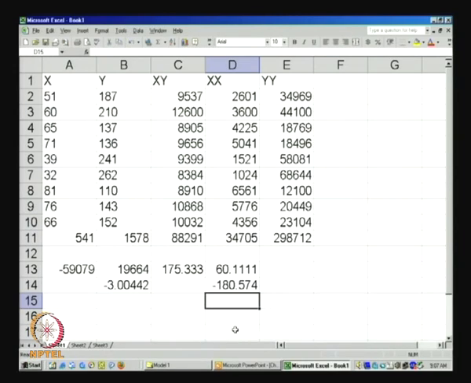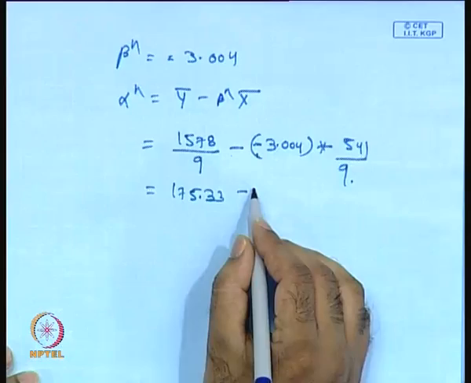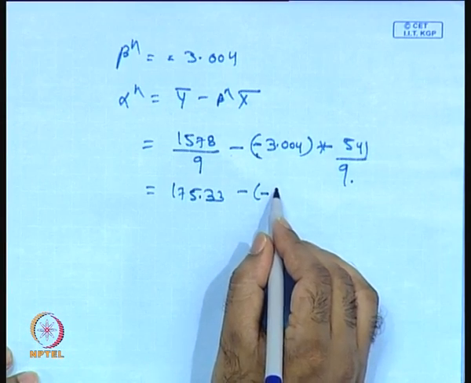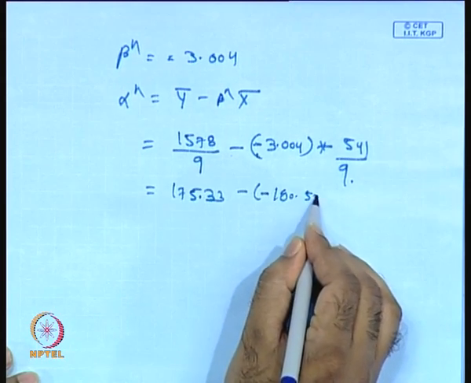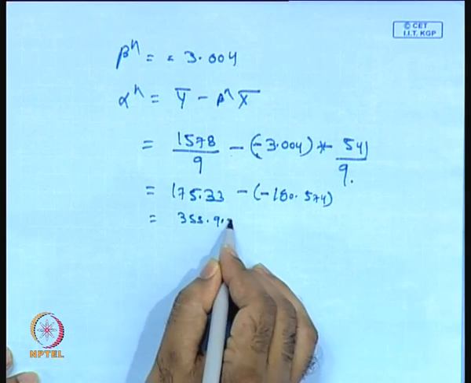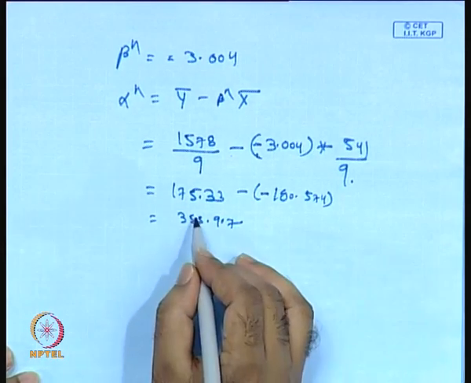Okay, so now this is equal to 175 minus this particular item. So it is 355.907. So minus into minus 80.574. So this will be coming 355.907.